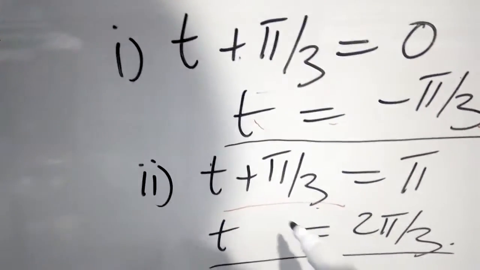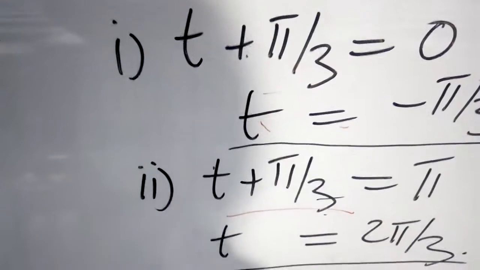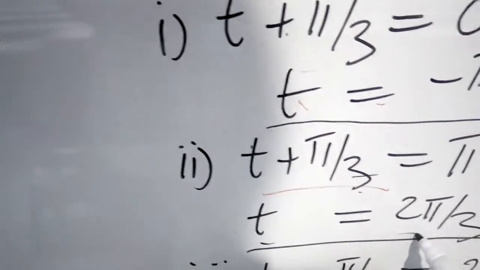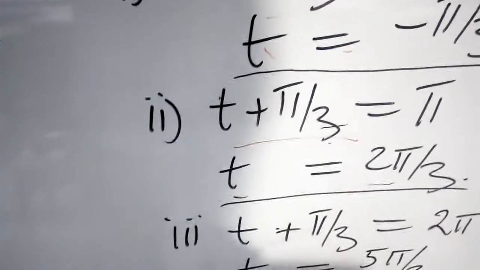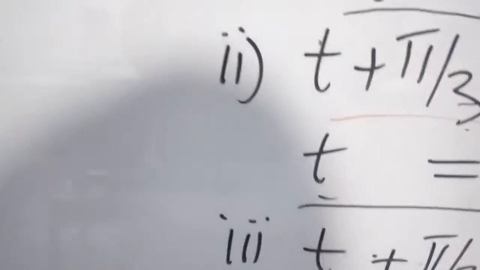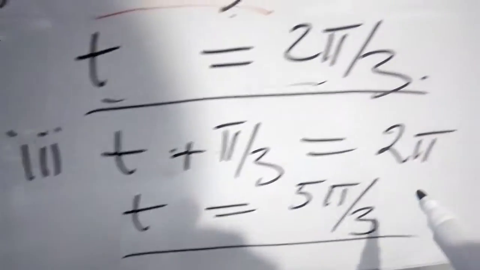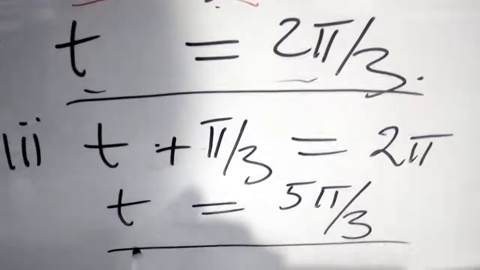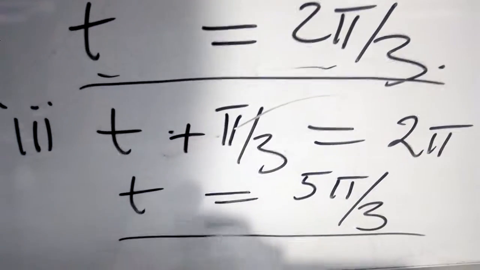So t plus pi over 3 is equal to pi. So I get t equals 2 pi over 3. Then the third value is 2 pi. So t plus pi over 3 is equal to 2 pi. Then I take this value, I get t equal to 5 pi over 3.